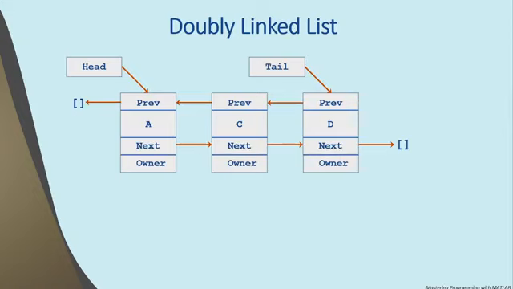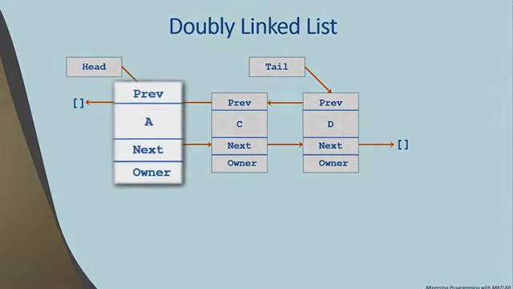But when I look at this picture, two separate classes suggest themselves. One for a single node and one for an entire list. A node is conceptually different from a linked list of nodes. A node has some kind of data and a next and prev pointer.